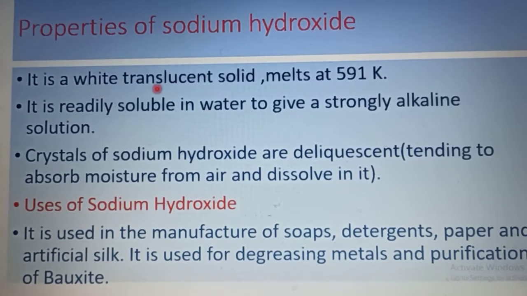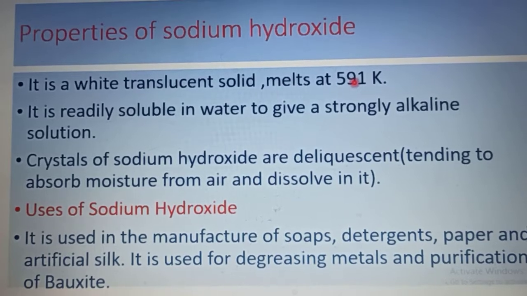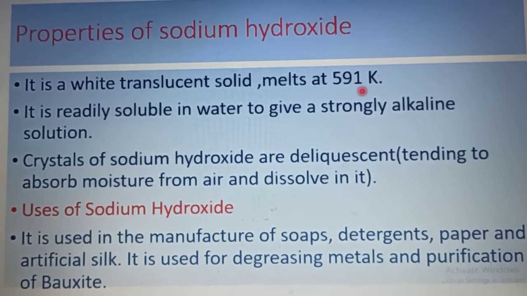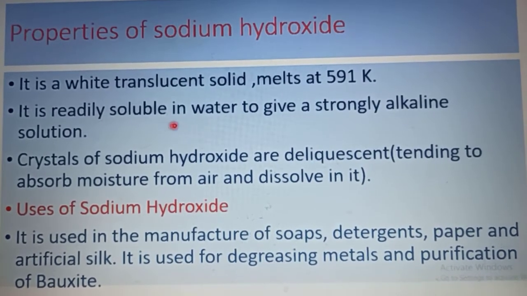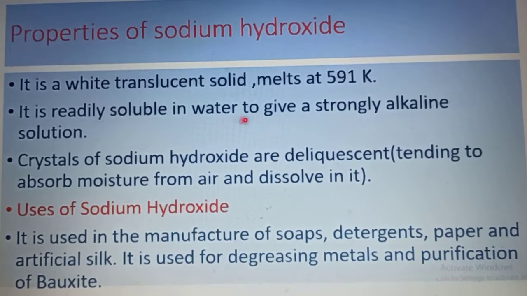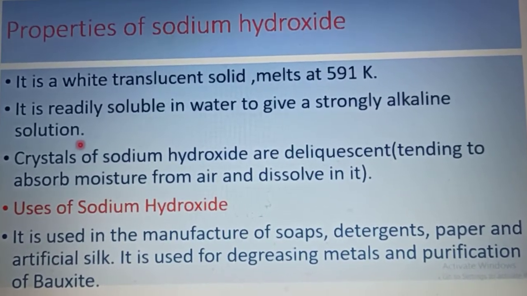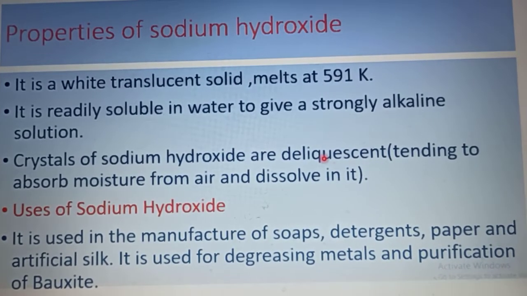So it is a translucent solid that melts at 591 Kelvin, meaning its melting point is 591 Kelvin. It is readily soluble in water, as I told you, it easily gets dissolved in water to make a strongly alkaline solution. Crystals of sodium hydroxide are deliquescent.